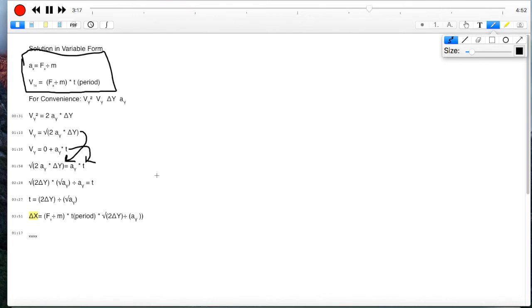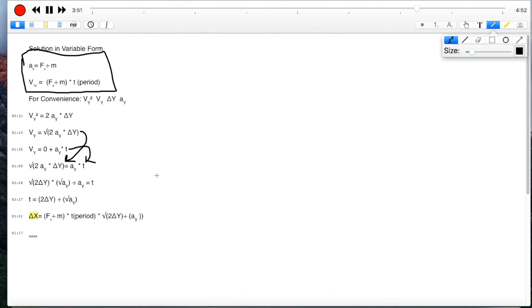We're trying to find the value t so that we can use it to find delta x. So here we will get that t is in fact equal to the square root of 2 delta y divided by the square root of ay.